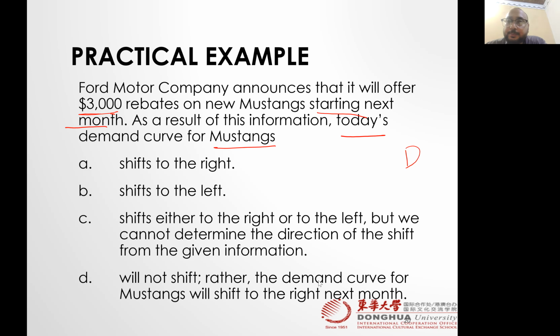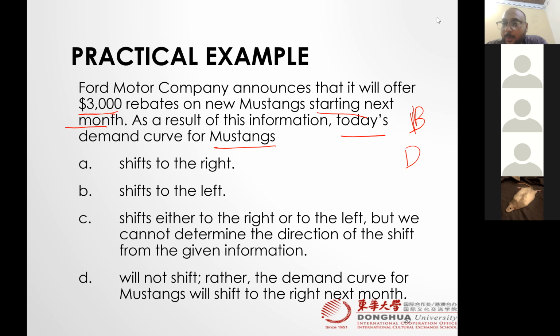Marco? I actually agree with Priscilla, so D. D. Lancelot says maybe B. So we have answer D and we have answer B. Venetia? Yes, sir. What is your answer?